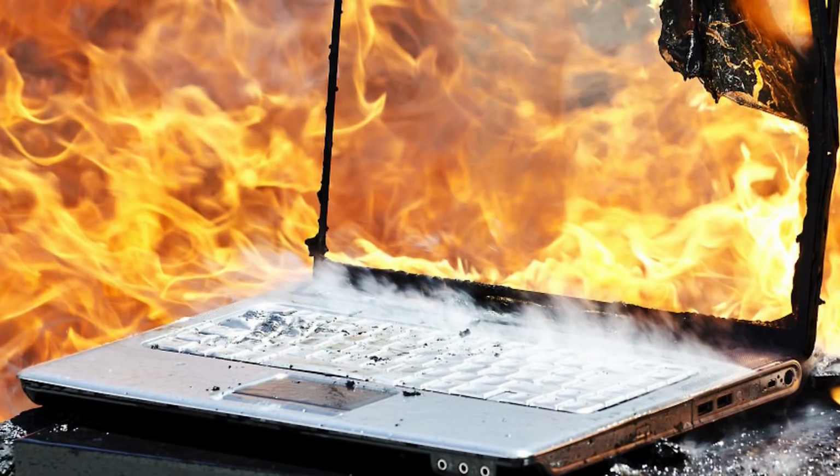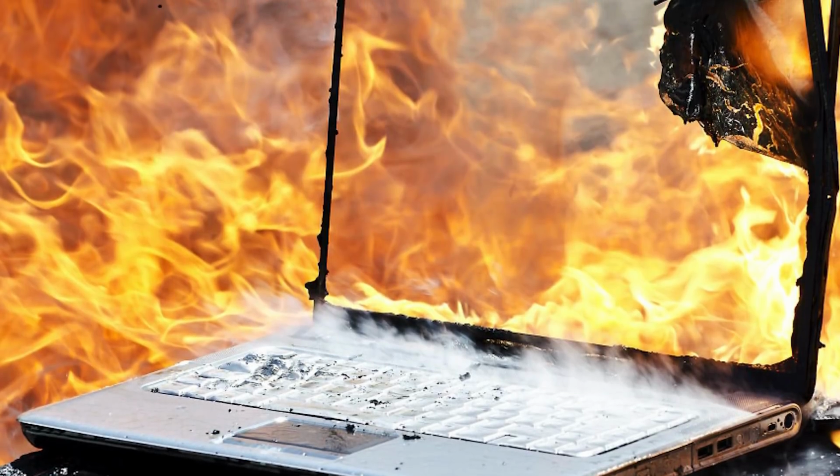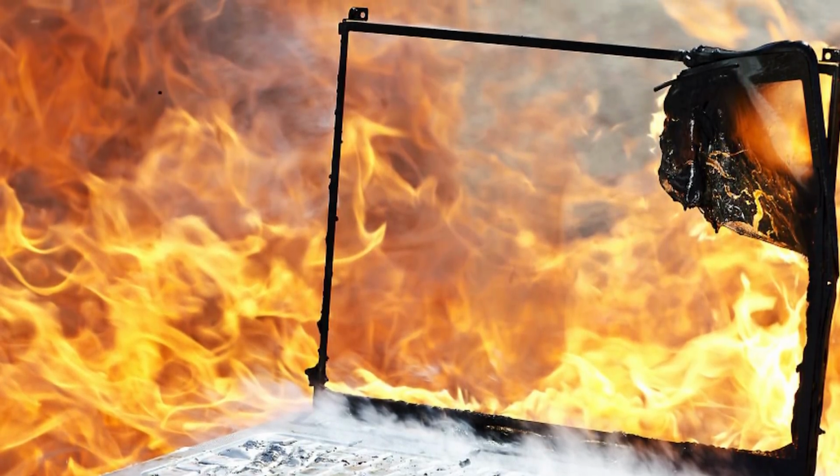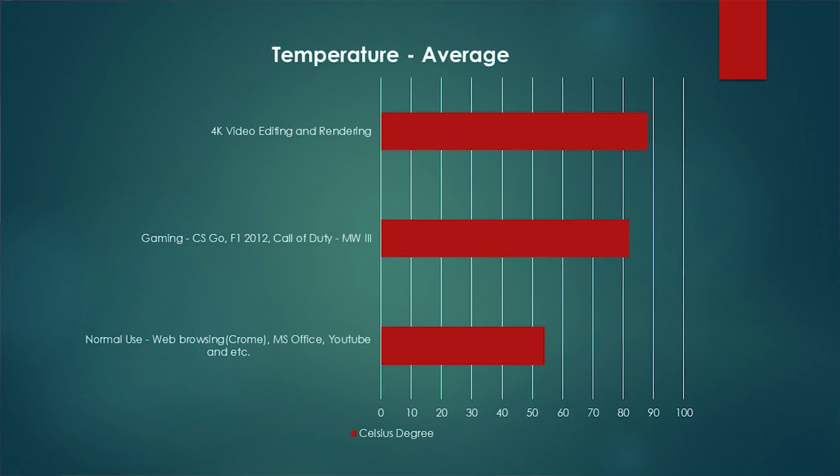Now many of you were asking how is the temperature in normal use or in gaming or while editing videos in 4K, rendering 4K videos. So in normal use, which consists of your normal day-to-day activities like browsing internet, working on MS Office, watching YouTube, watching movies, listening to music, the temperature remains between 45 to 58 degrees Celsius, and these are the processor temperatures, not the surface temperature.